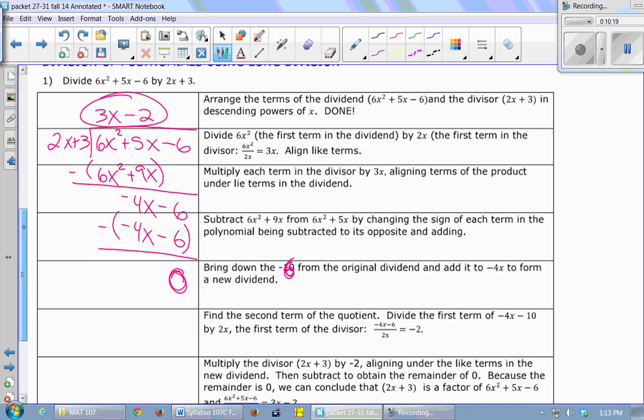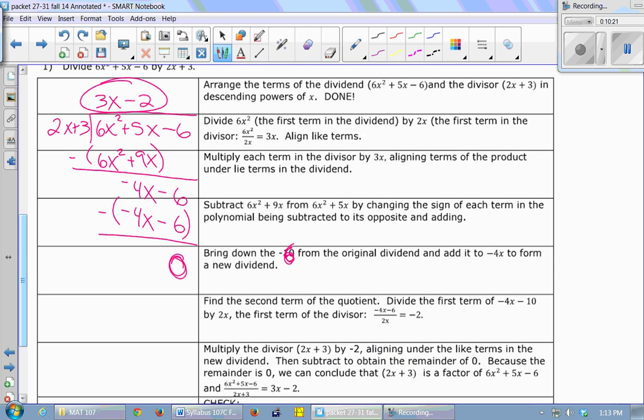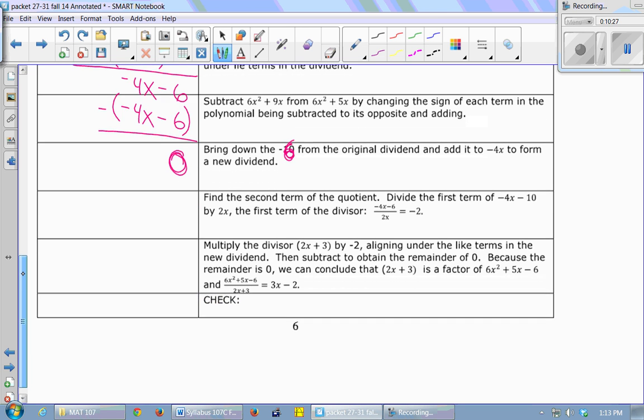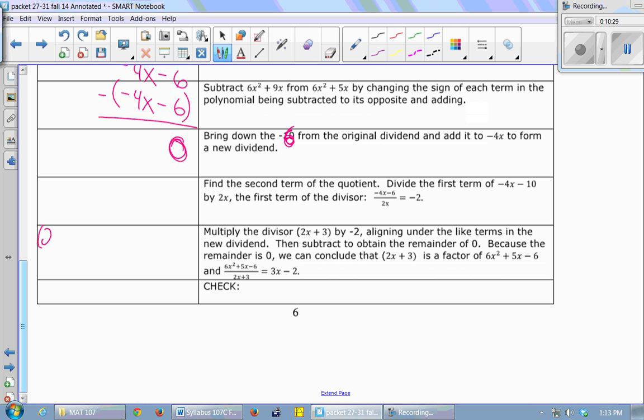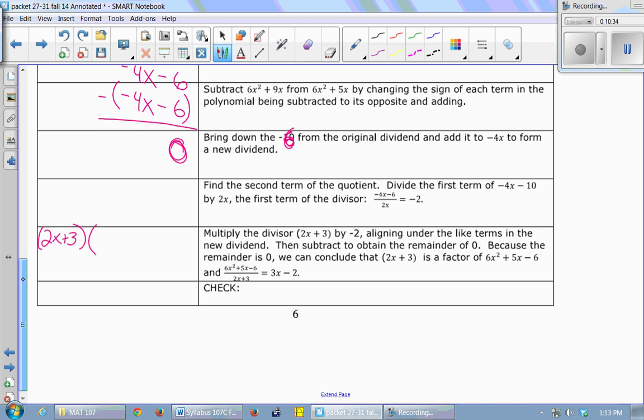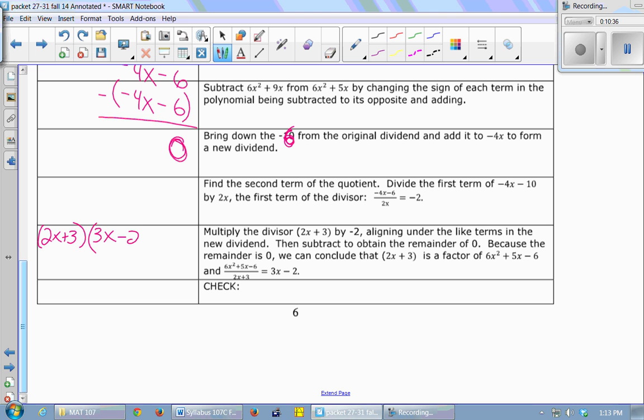And I should be able to check if I multiply 2x plus 3 times 3x minus 2, I should get my dividend. Let's check by doing a quick FOIL. 2x plus 3 times 3x minus 2.